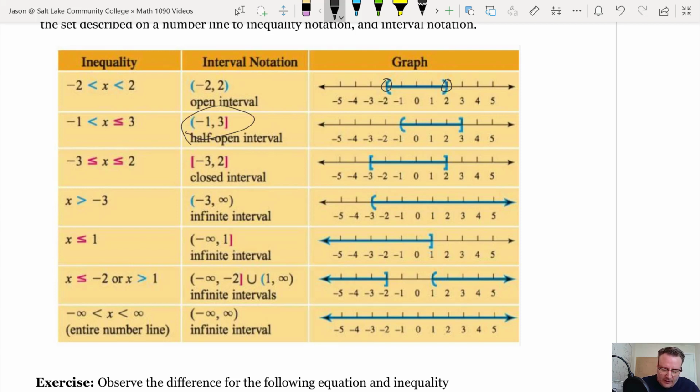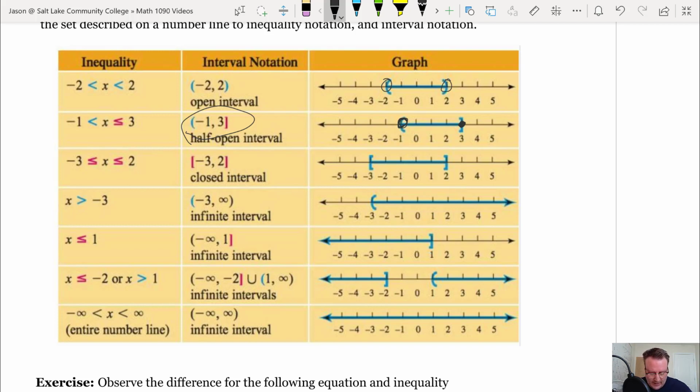We use that red square bracket to indicate that we're including the point 3 in our set. Graphically we would use a square bracket at the point 3, or sometimes a filled-in dot. A filled-in dot means include that point, whereas over here we would use an open dot, not filled in, to say exclude -1.